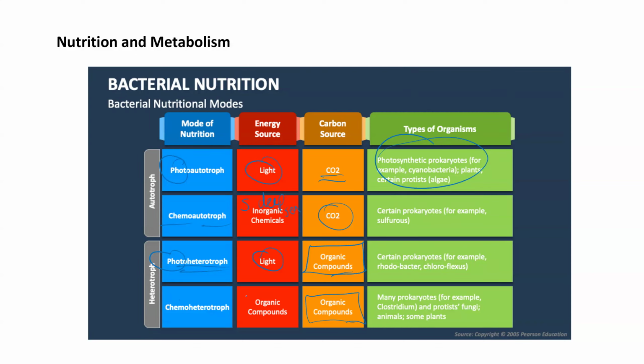A chemoheterotroph has to have another organism for its organic compounds and its carbon source. So we would be classified as chemoheterotrophs because both our energy and our carbon source come from organic compounds.